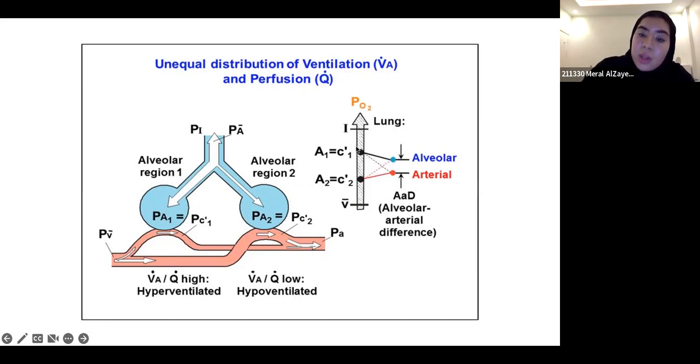This 85 will still be closer to the 90 than to the 10, because the majority of the gas comes from alveolar region 1, which is 90. Do you guys understand why the blue dot is closer to alveolar region 1 partial pressure of oxygen than alveolar region 2? Okay. Are you all clear on that?